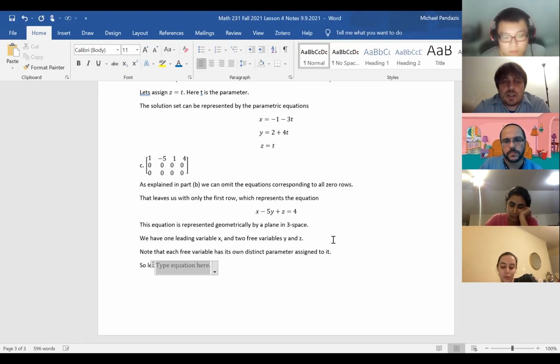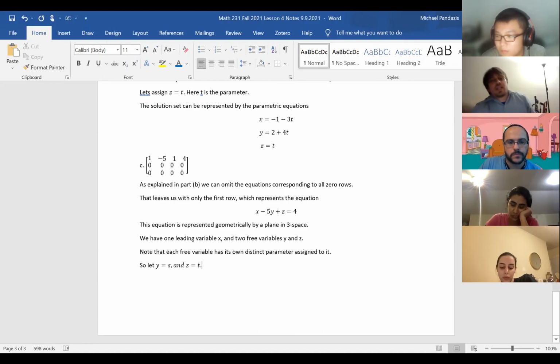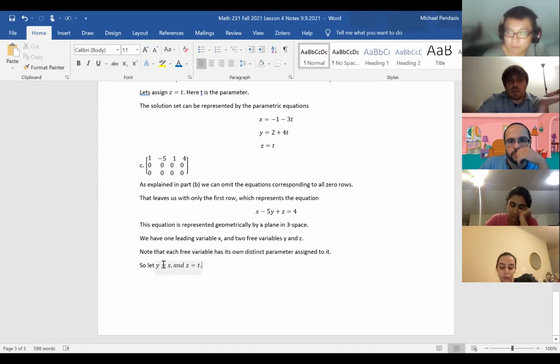So let y equal the parameter s and z equal the parameter t. I chose s because s and t are next to each other, and y came first, so s comes first. So let y equal s and z equal t. Those are our parameters.